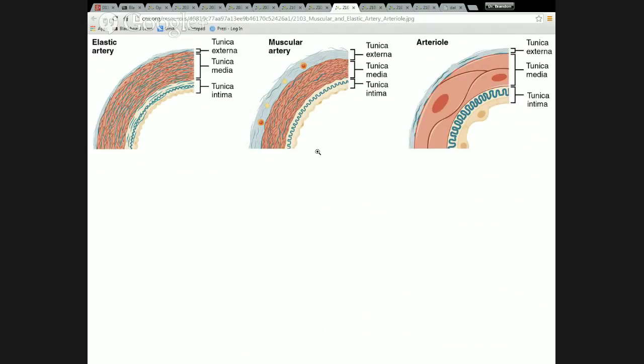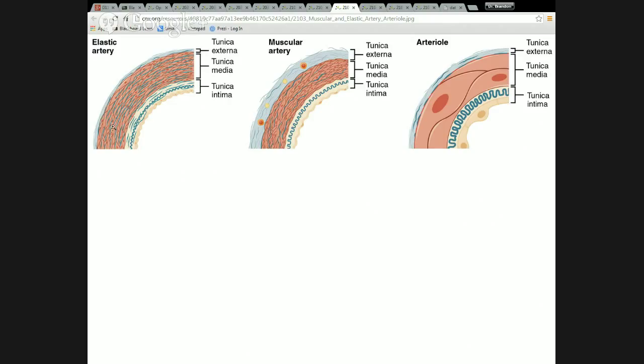There are actually three types of vessels that fall into the broader group that I was just calling arteries. There are two different types of arteries: the elastic artery and the muscular artery. The difference is mostly in the relative amount of elastic tissue versus muscle tissue.